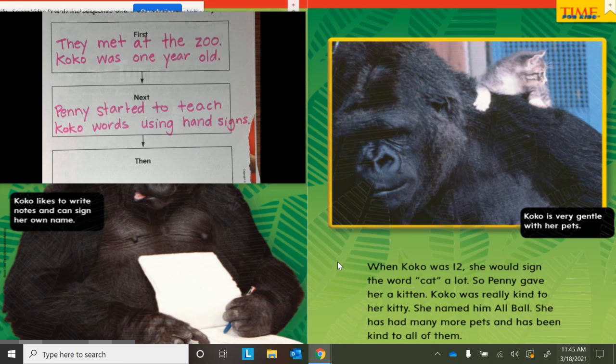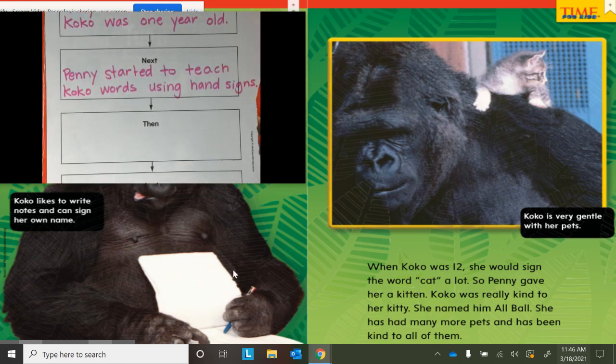And they gave her a kitten, right? Remember the kitten? They gave Koko a kitten and she was very gentle. So Penny taught Koko how to use a pencil and a paper, like on this page, and Penny gave her a kitten. So let's write that down on the then box.